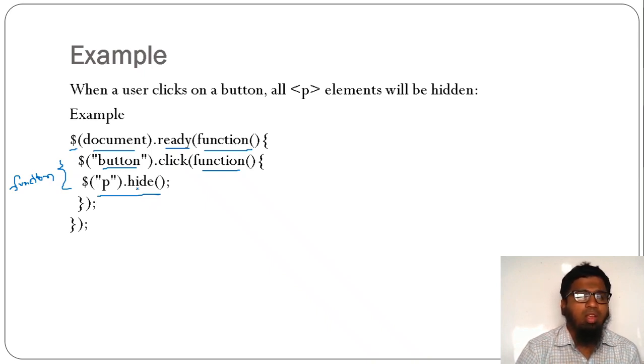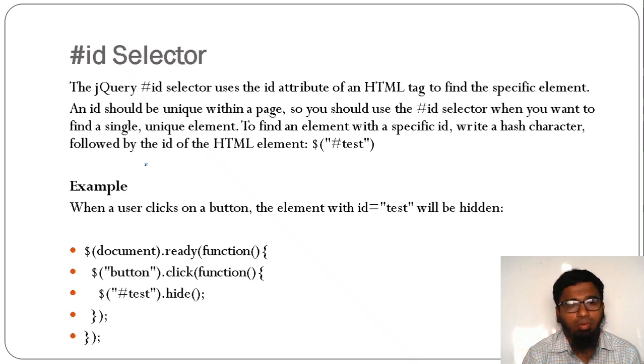So in the ready function we are writing the button function, applying it to the button, and what it will perform is that $P should be hidden, wherever the P is in the whole document. This is a simple thing. It is very little code, but it performs a lot.